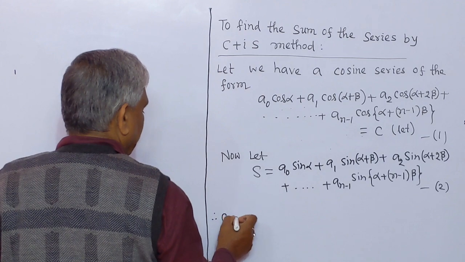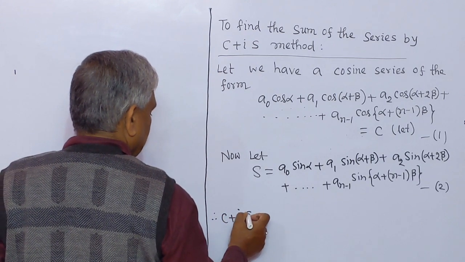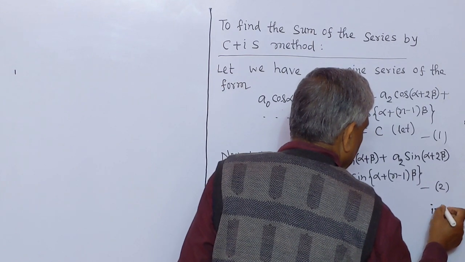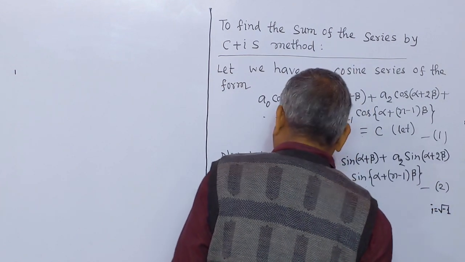Therefore, C plus iS, where i equals square root of minus 1.